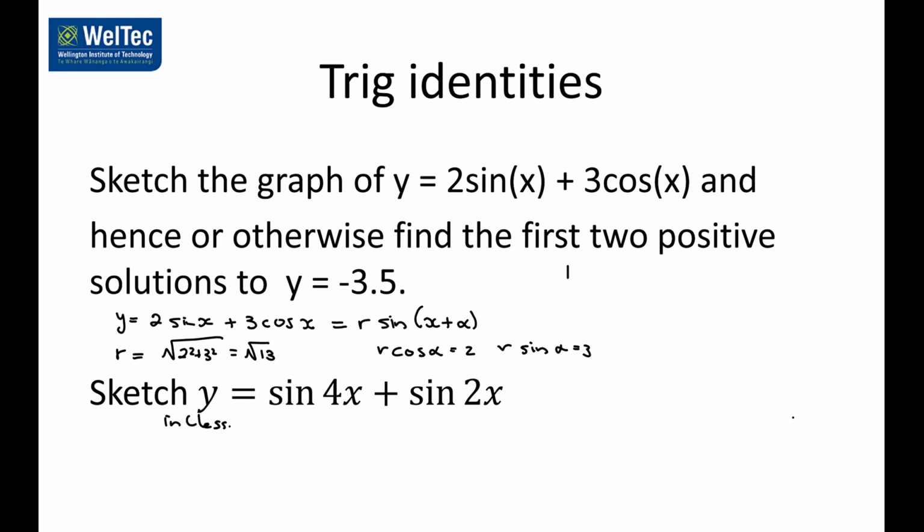So tan alpha is equal to 3 over 2, because sine over cos. That's in quadrant 1, and if we look that up on the calculator, we get 0.9.